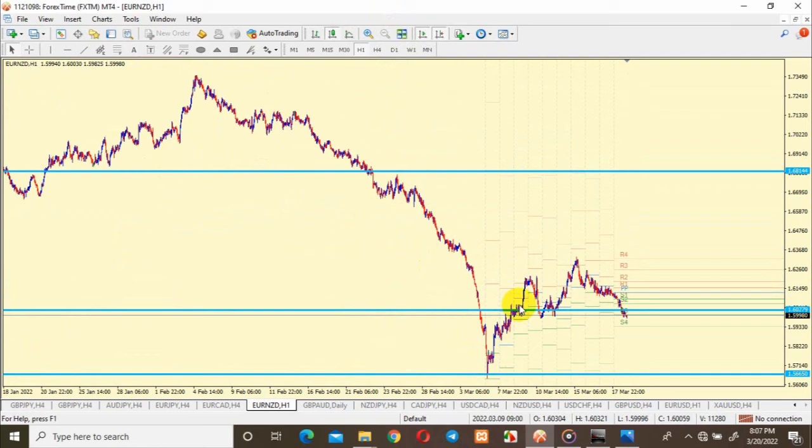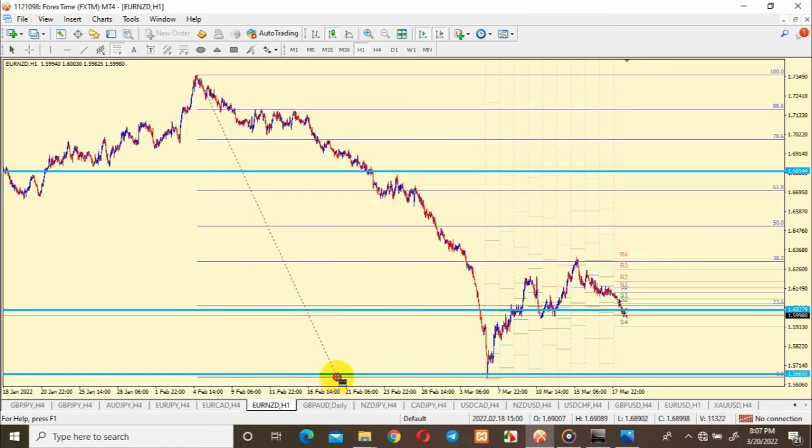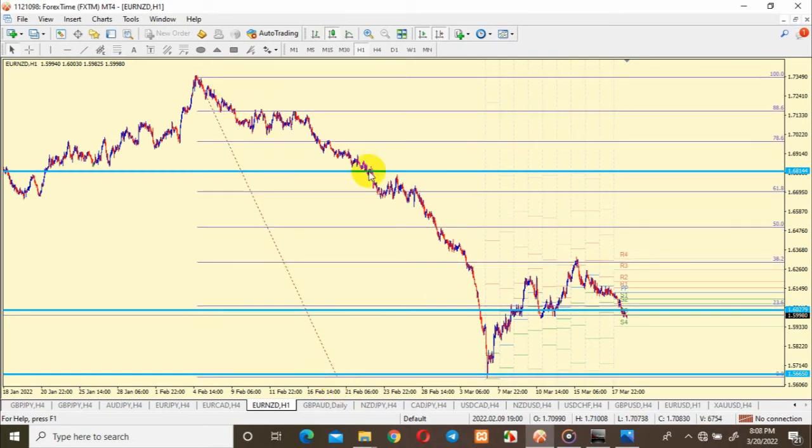Then later on we got this retracement. So after the retracement, I believe price wants to continue the down movement. Look at it. Let's see how that price moves. So the price actually moved down and has retraced 38.2. So what are we expecting?